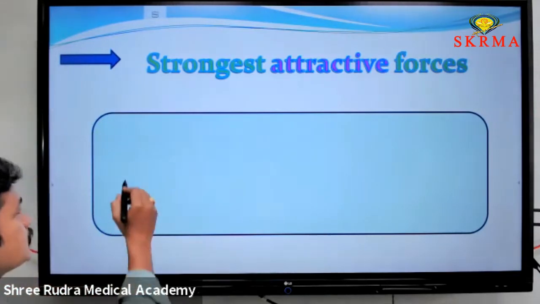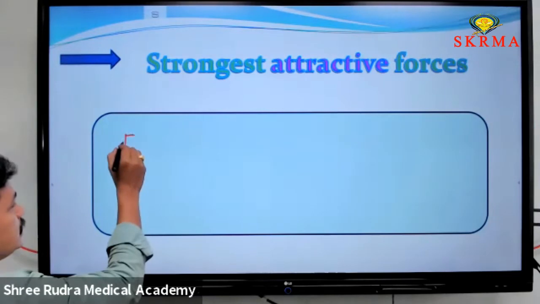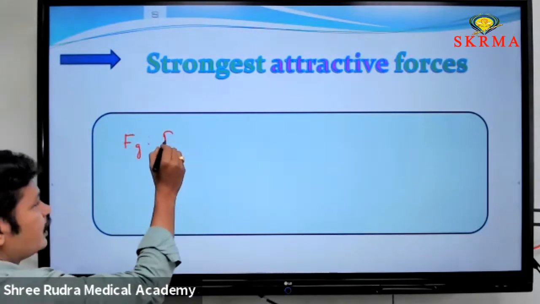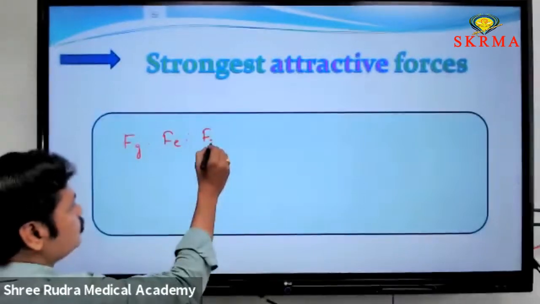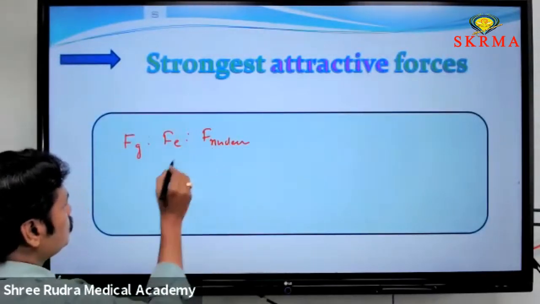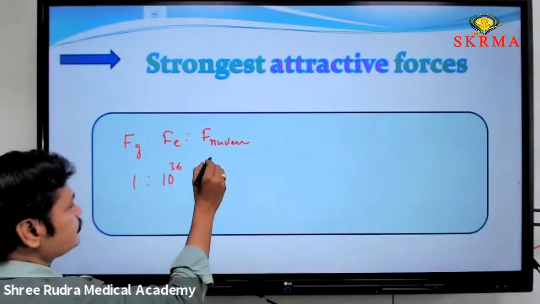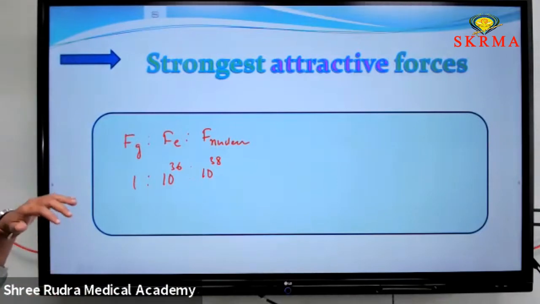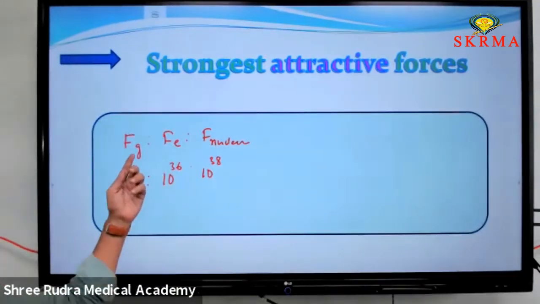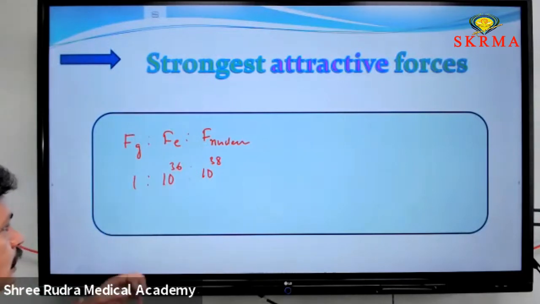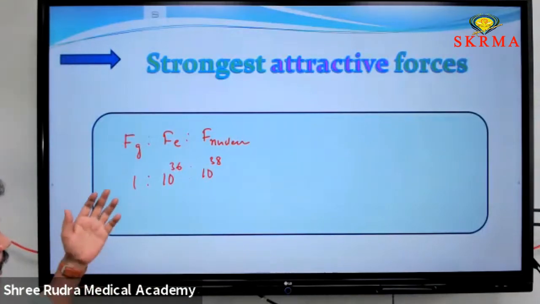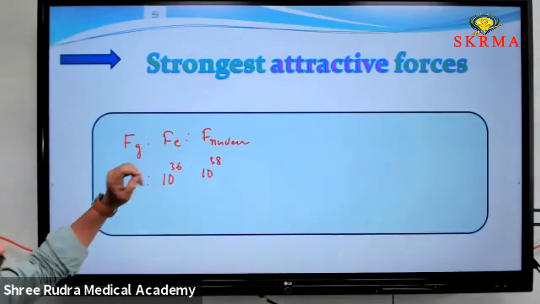How strong are they? Comparing gravitational force, electrostatic force and nuclear force, the ratio is approximately 1 : 10 to the power 36 : 10 to the power 38. The nuclear force is much stronger compared to the other two forces, almost 10 to the power 38 times the gravitational force, or 10 to the power 2 times the electrostatic force.